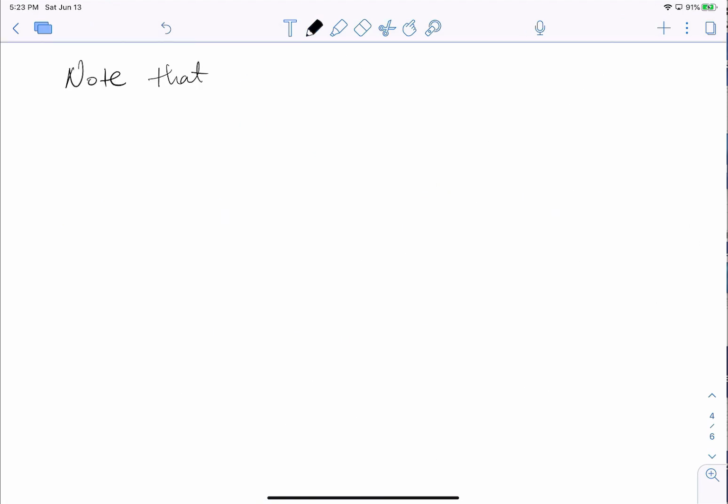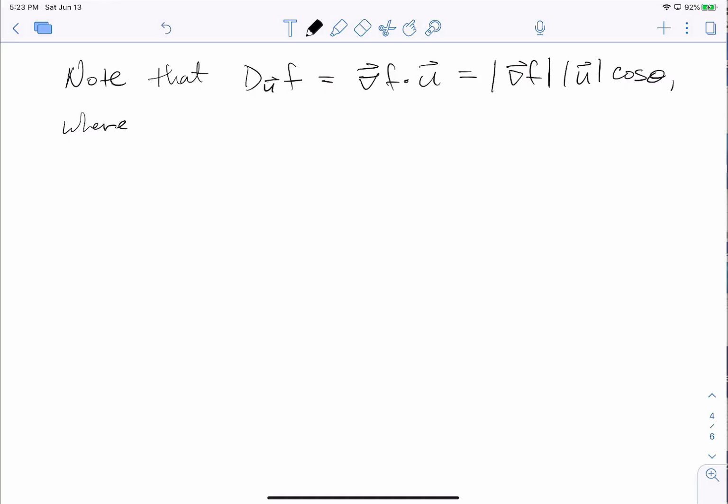I'll note that the directional derivative of f in the direction of u, which is given by del f dot u as a dot product, can also be expressed as the magnitude of del f times the magnitude of u times the cosine of theta, using the physics definition of the dot product, where theta is the angle between del f and u.